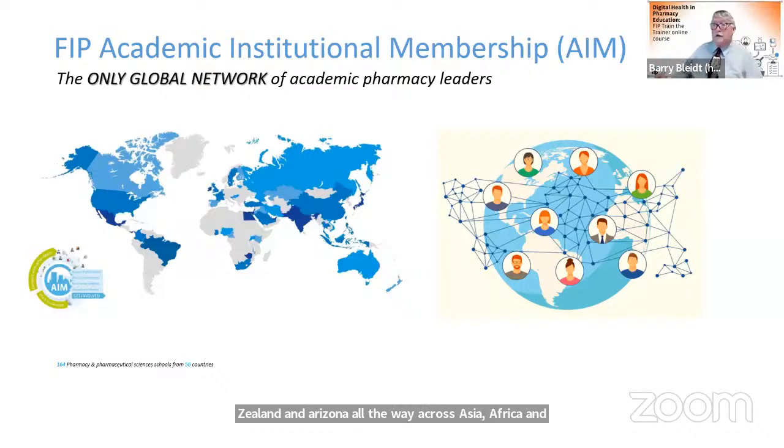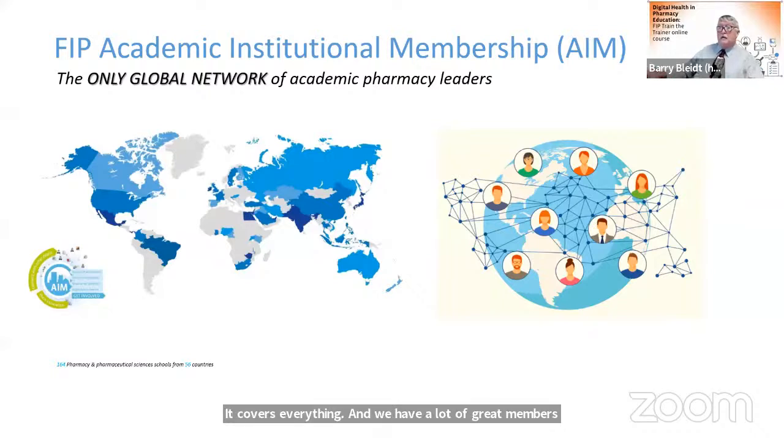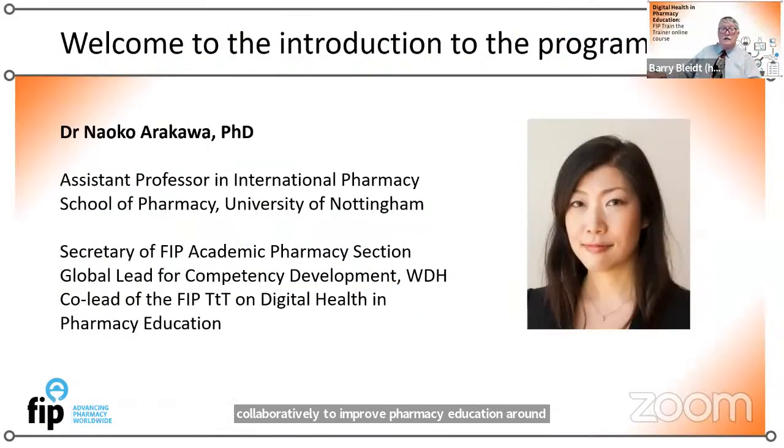It covers everything. And we have a lot of great members and great schools. AIM members benefit from the expertise of a dynamic group of academic leaders that are working collaboratively to improve pharmacy education around the world.